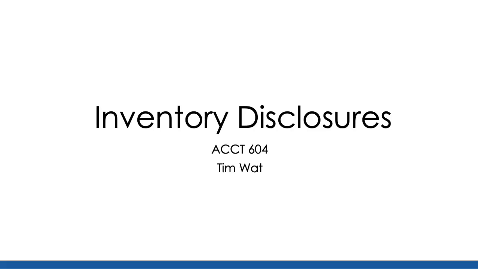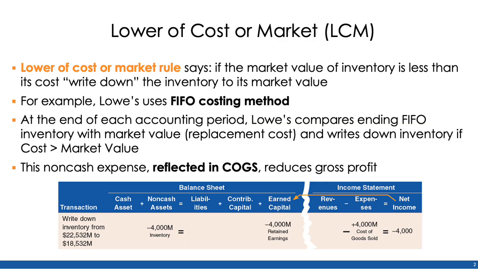So we can look at the title slide now of this deck. We are looking at the disclosures to our inventory that you will typically find in the financial statement notes. Our first note we'll consider is the notation for analysis of lower of cost or market application rules. And what does this mean?